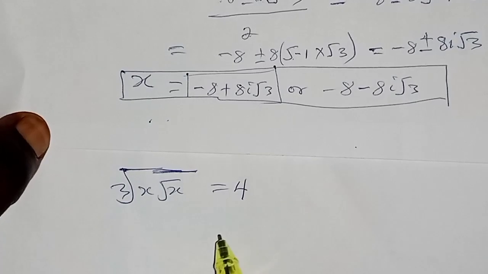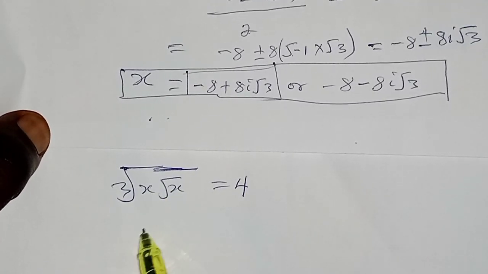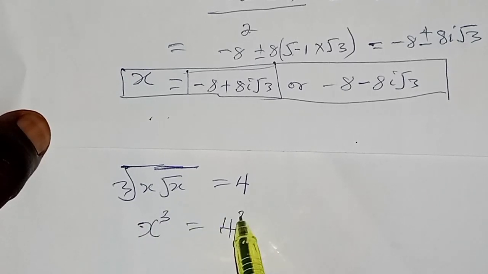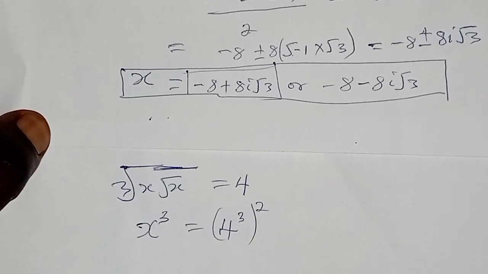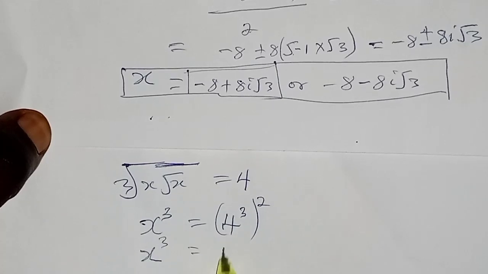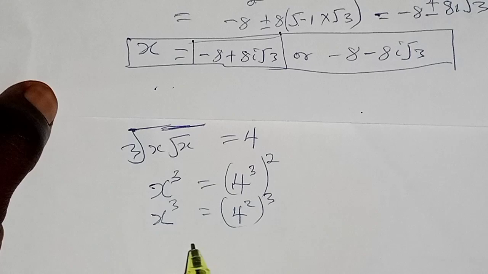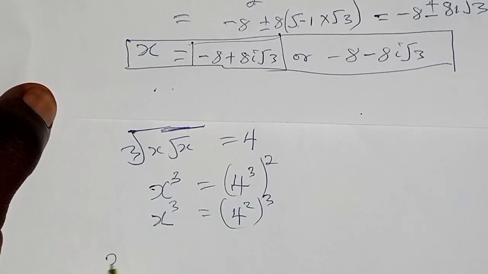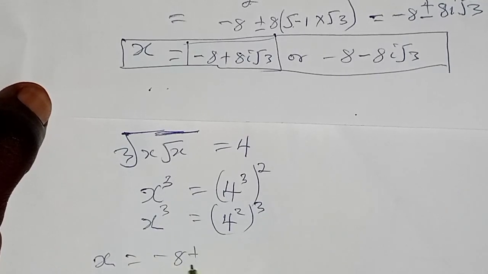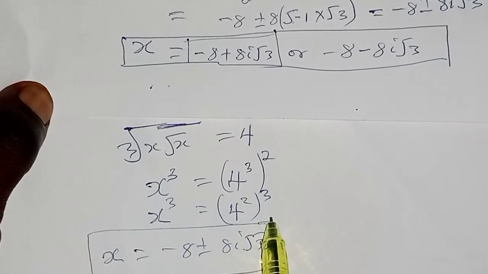When we evaluated this, we saw that x cubed is equal to 4 raised to power 3 and then squared, which we also evaluated as x cubed is equal to 4 squared and then raised to power 3. So in other words, we want to check whether x equal to minus 8 plus or minus 8i root 3 actually satisfies that equation.